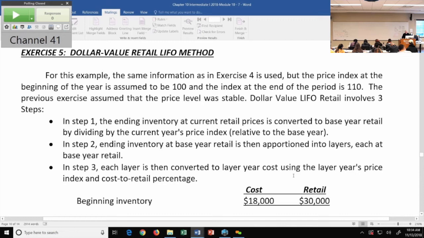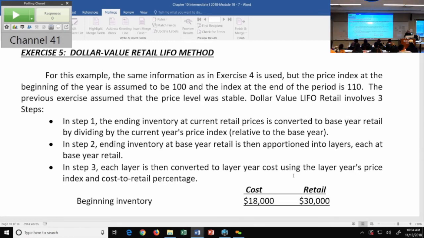All right, so this is dollar value LIFO retail. We're assuming now that the beginning inventory was the base year, so the price index is 100. And the current year's index is 110.